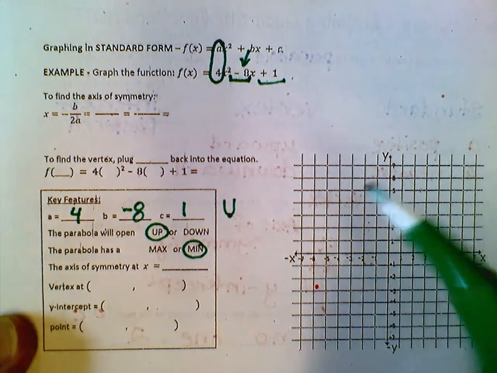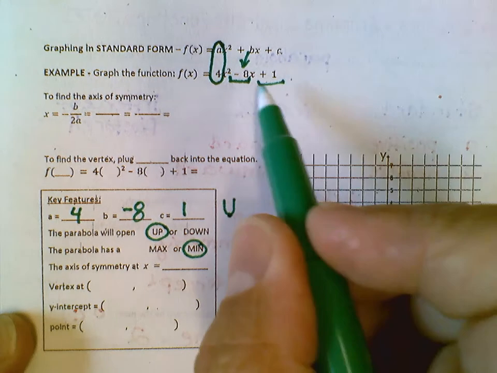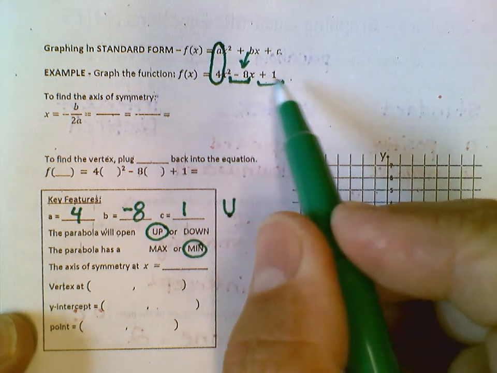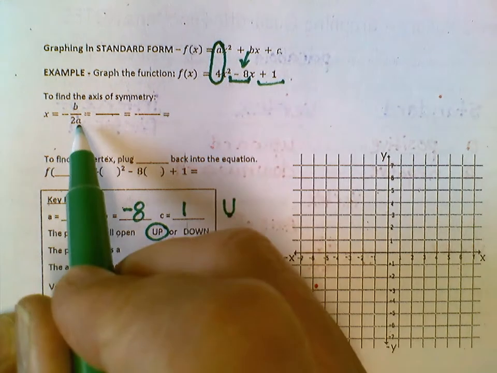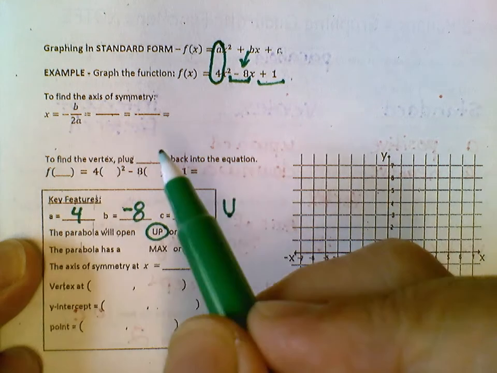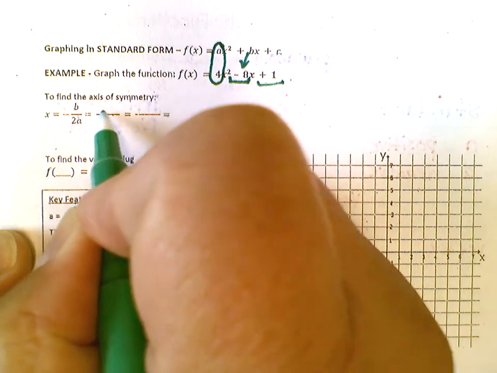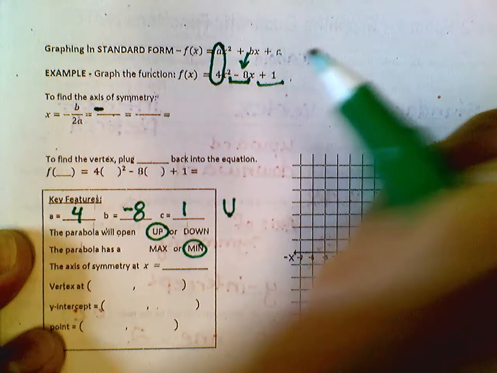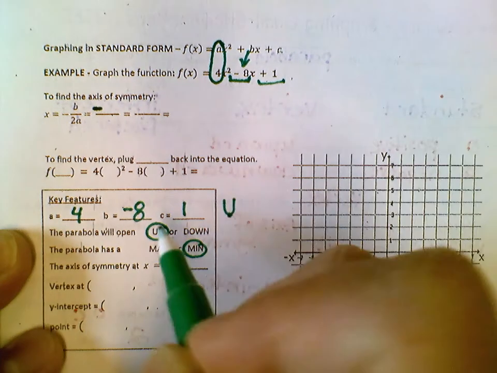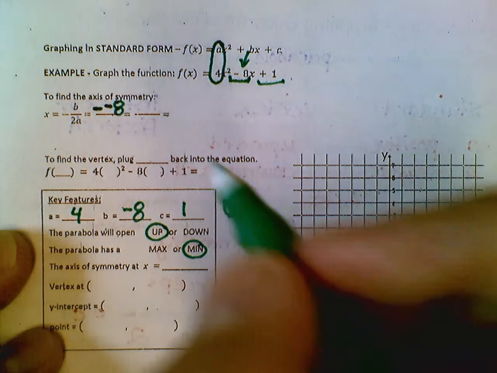Okay? So now we're ready to talk about the axis of symmetry. When you have an equation in standard form, the way to find the axis of symmetry is this formula, -b/2a. So I take my b, first of all, it's a negative, right? A -b/2a. My b also happens to be a negative, so we have to make sure we put both of those.